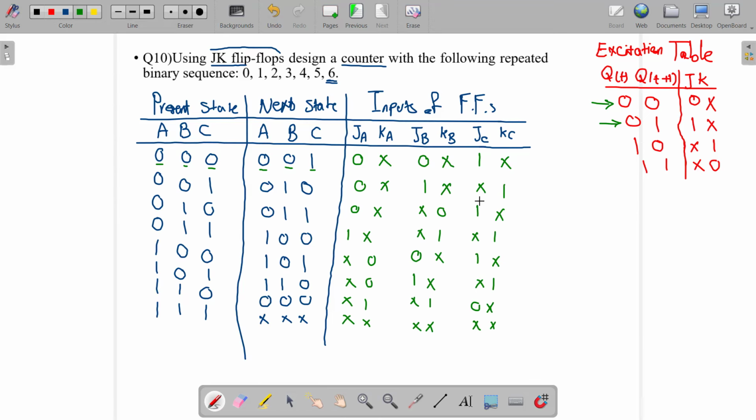Okay, now using this table, because here we have 0, 1, 2, 3, 4, 5, 6, and 7, with drawing the 3 variable Karnaugh map, we can find this JA, KA up to the end.